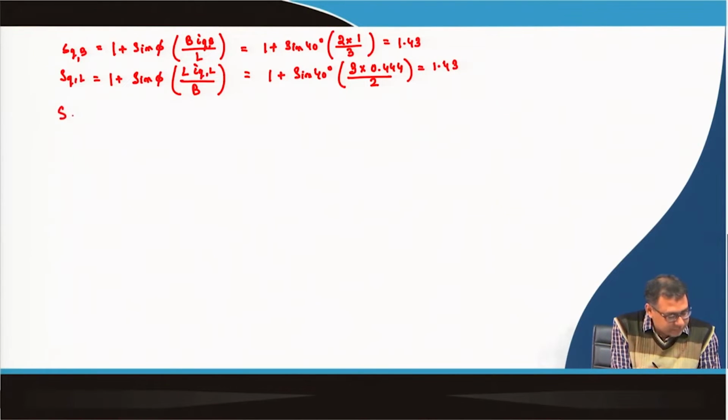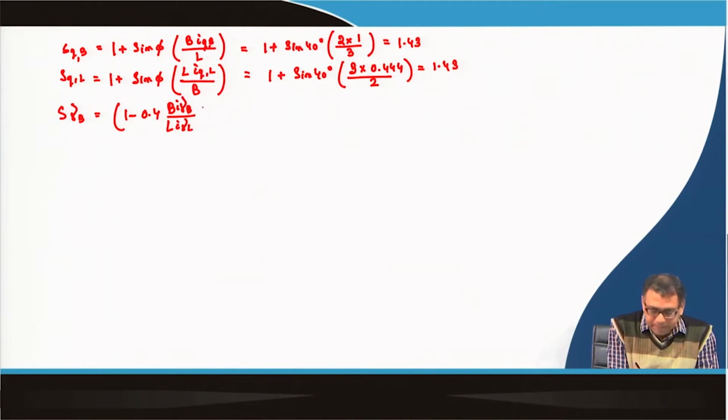Now, S gamma B is equal to 1 minus 0.4 B I gamma B divided by L I gamma L. And that should be greater than or equal to 0.6.